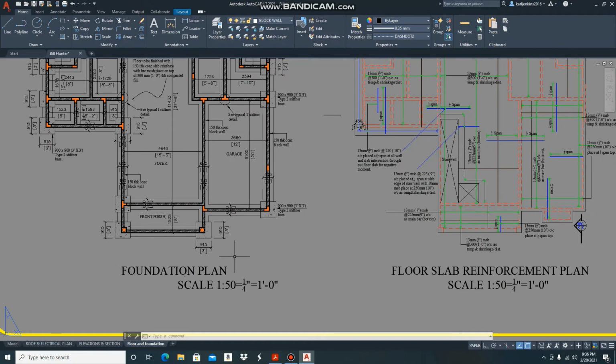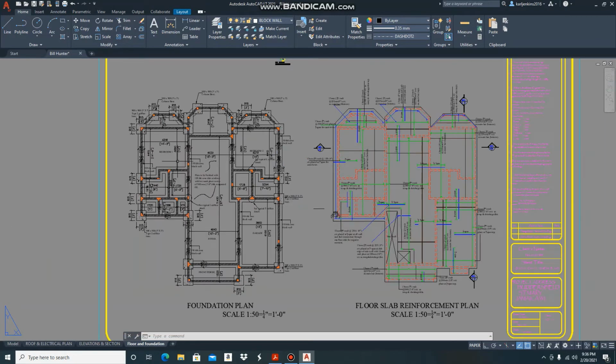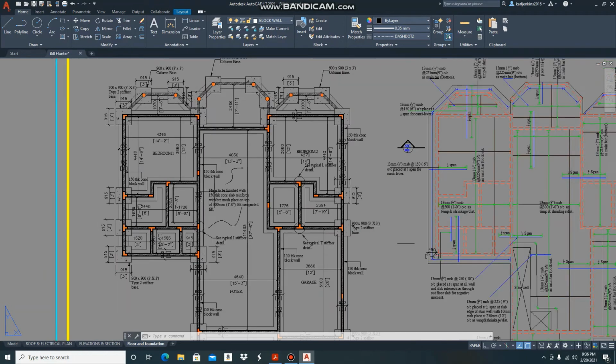Make sure to observe your scale, because I've said to you before, for dimensions that are left off, you can use your scale to obtain those dimensions. So you must ensure that you carefully read your foundation plan, because it can also tell you what the floor is going to be reinforced with. Many times we use BRC mesh.